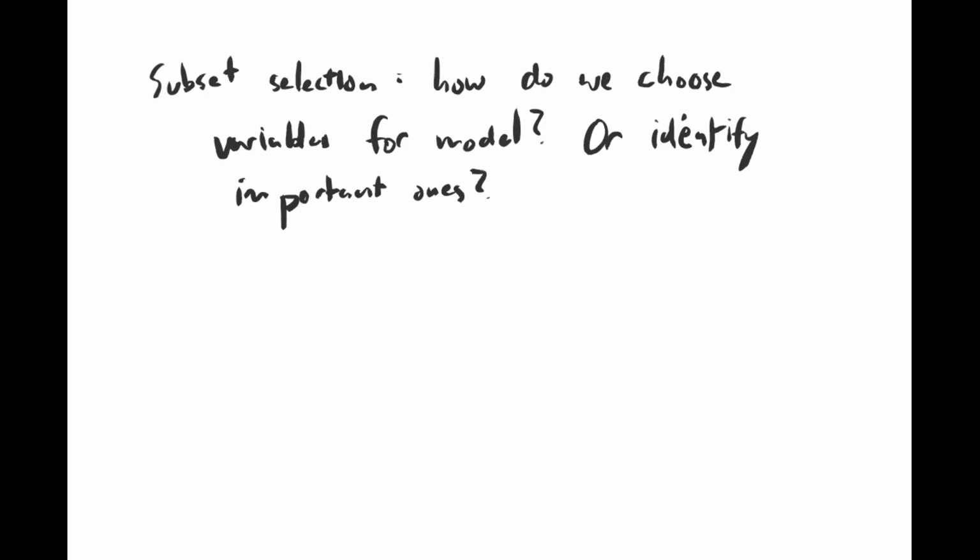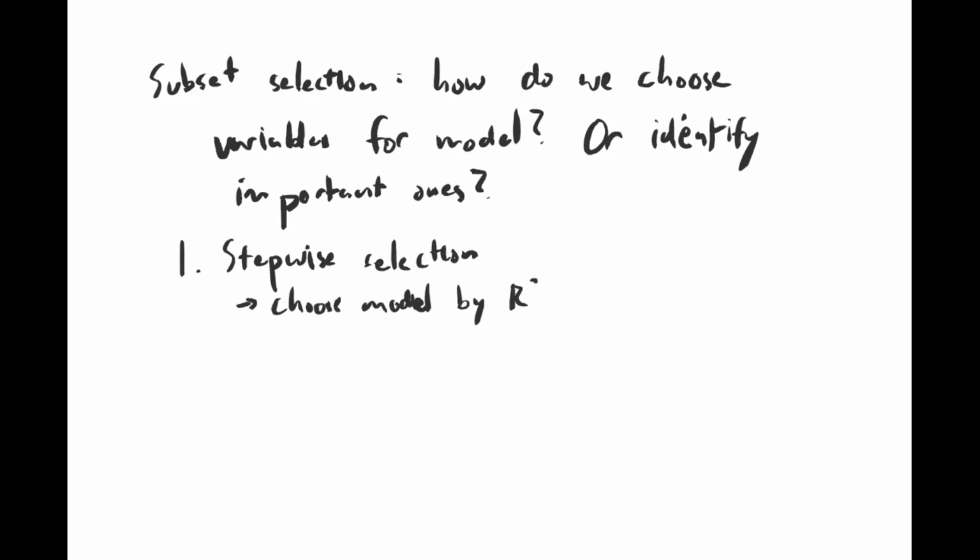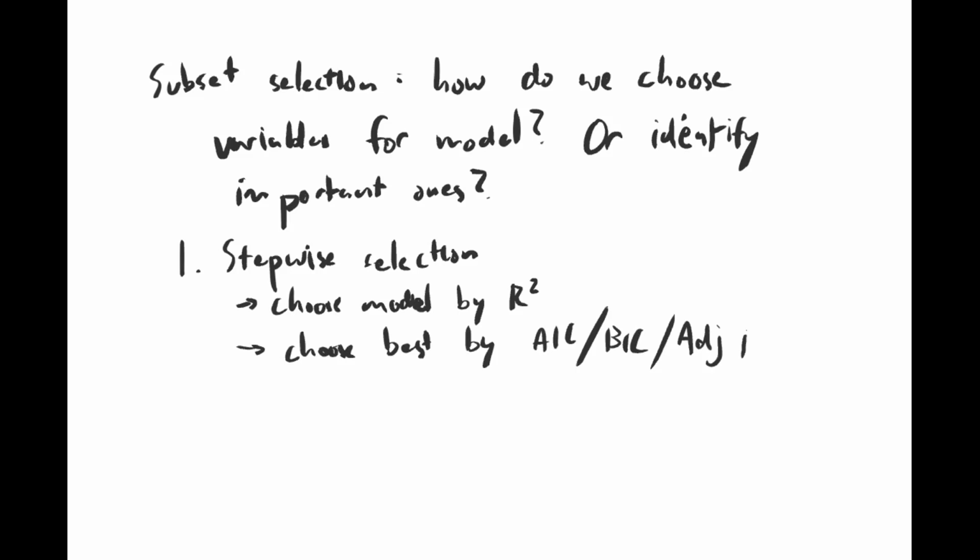And so we've covered a whole bunch of different techniques. So one, stepwise selection: choose the model by R squared, and then choose the best by AIC, BIC, adjusted R squared, or even cross-validation.